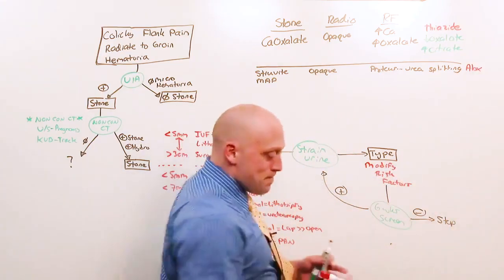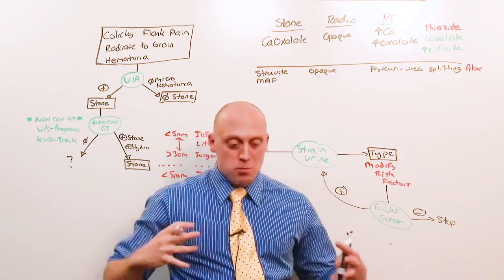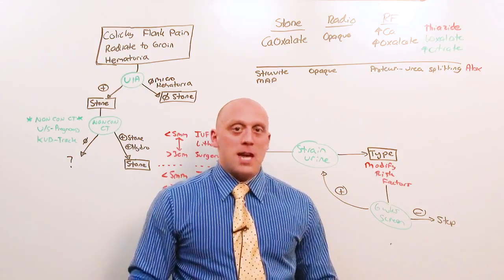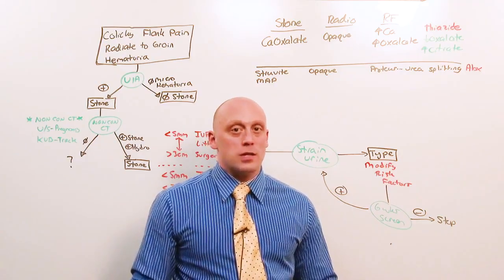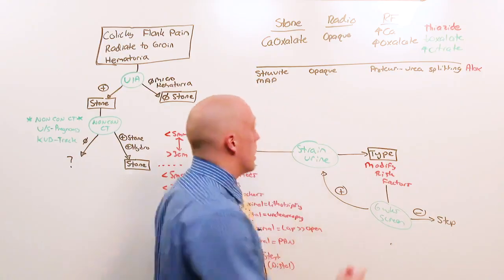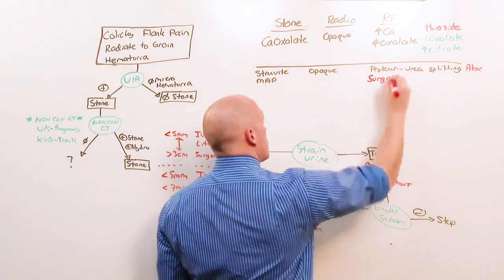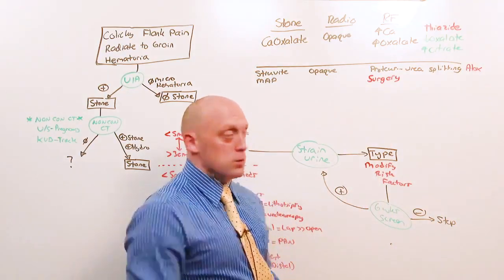And unfortunately, these stones are huge. They're the staghorn calculi. They're just big and they're all up in the kidney and they don't pass on their own. And if you have a kidney stone in the kidney, it's more likely to precipitate more stones. So the only thing you can do here is actually surgery, where you remove all of the stone burden and then prevent the UTIs from causing any more of these stones.